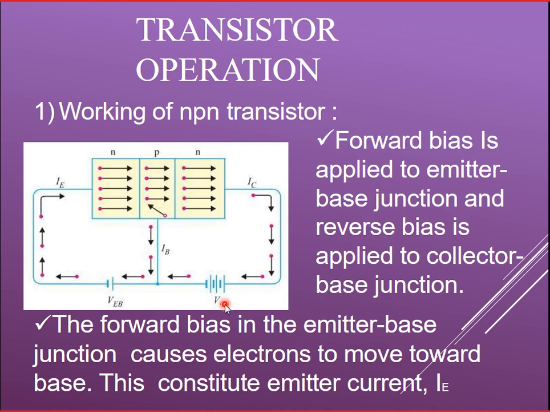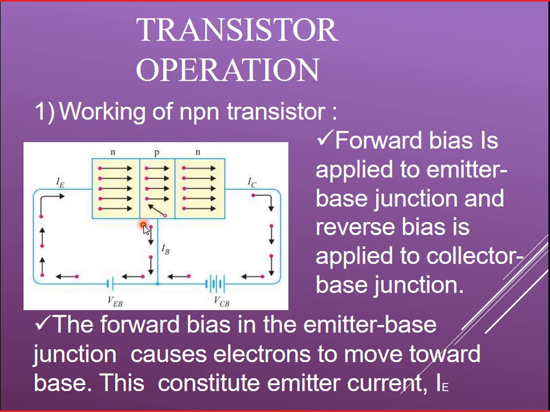Once I give that, see, this is an N type, this is a P type, and this is also N type. N has majority electrons, so these are electrons. Here I am giving negative, so it will try to push the electrons which are available in the N. They try to cross the base, and they are crossing to the collector.